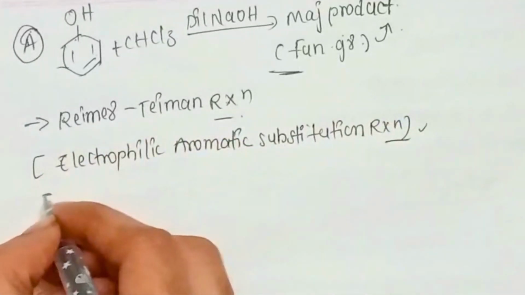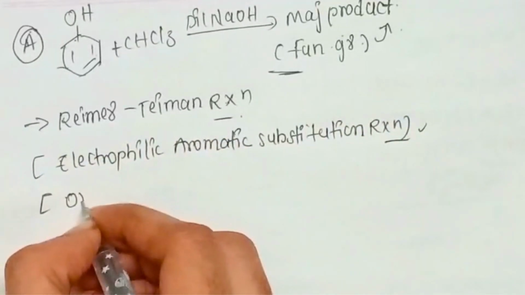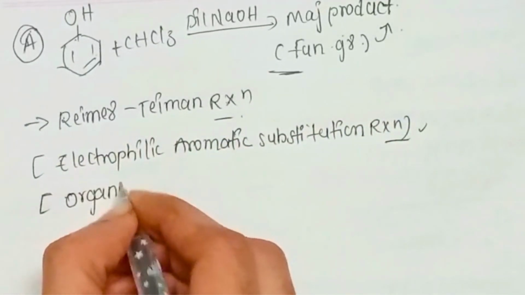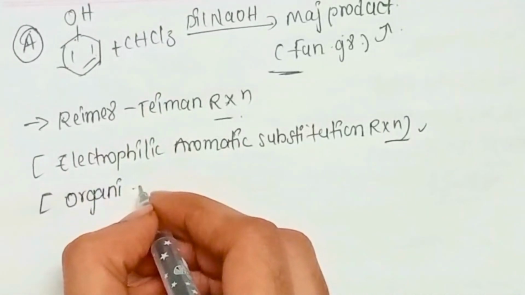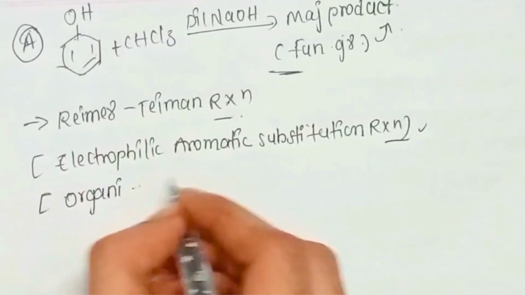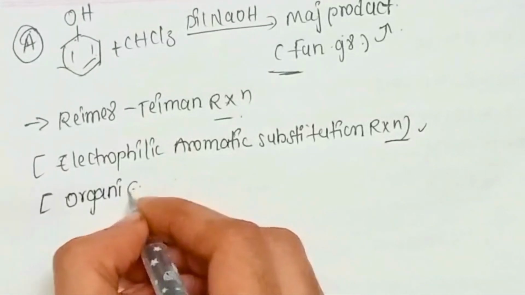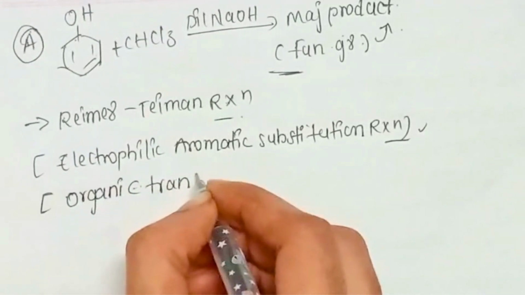There will be an organic transformation where it introduces one of the functional groups, that is the aldehyde group, into the phenol using chloroform and dilute sodium hydroxide.